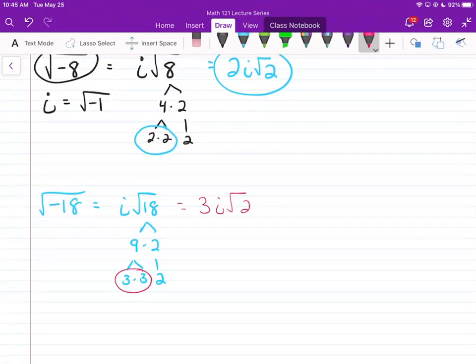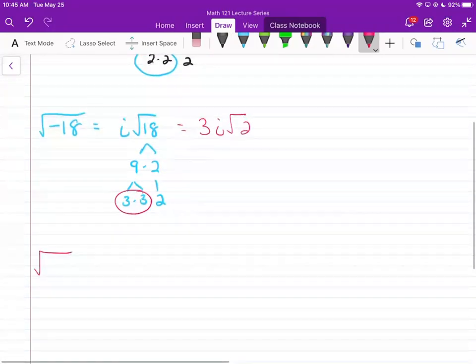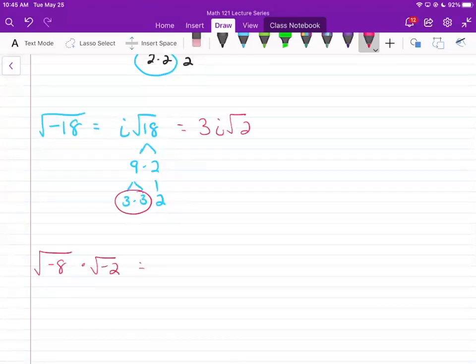Where you have to be careful is sometimes you end up with something like this, perhaps the square root of -8 times the square root of -2. Be careful not to multiply those together first, because you'll notice that would come out to the square root of 16, which is a real number. However, what we instead do is take out an i, and this becomes i square root of 8 times i square root of 2.